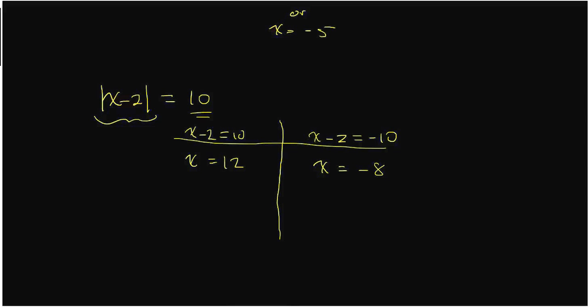Now if you were to check it, the absolute value of 12 minus 2 gives me 10, and the absolute value is 10, so 10 is equal to 10, so it checks. If I choose the negative 8 value, then the absolute value of negative 8 take away 2 is the absolute value of negative 10, which is 10, and 10 is always equal to 10, of course.